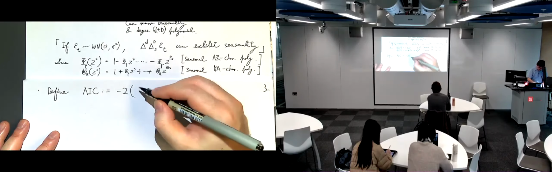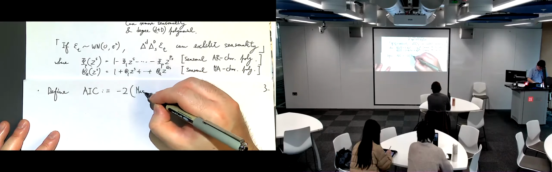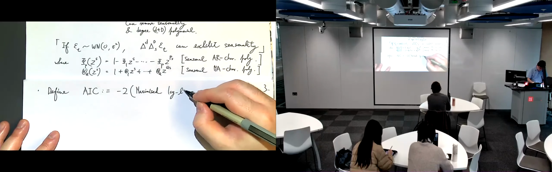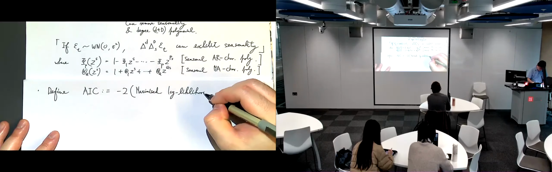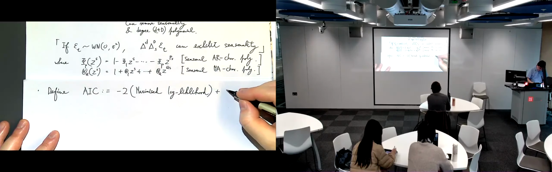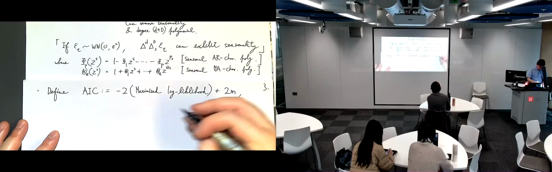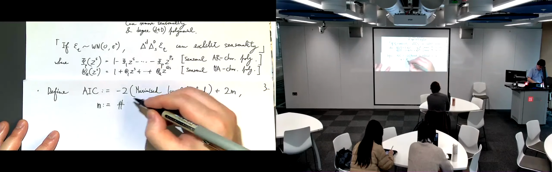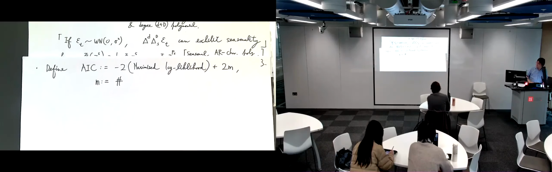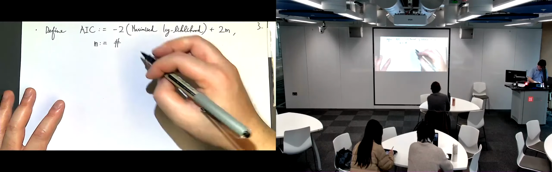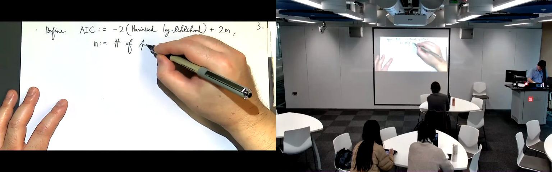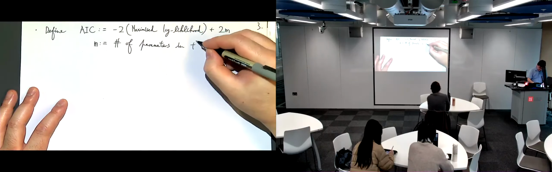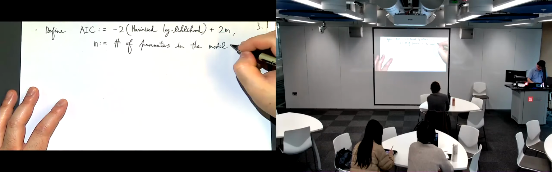So it's -2 times the maximized log likelihood of the data plus 2 times m. Now what is m? M is the number of parameters in the model.